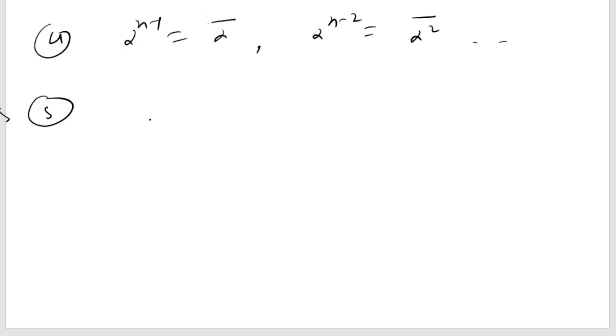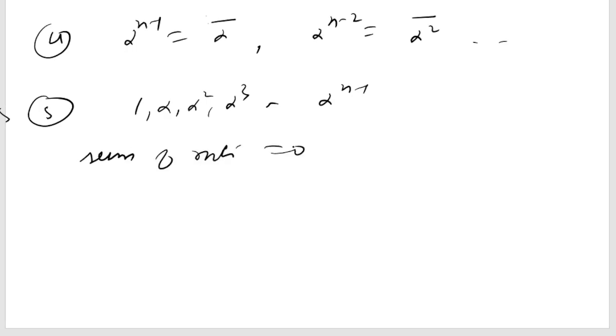The next property we can say is the sum of roots. Okay, the sum of roots will be 0. Let's say the roots are 1, alpha, alpha square, alpha cube, up to alpha to the power n minus 1. The sum of roots will be 0. So this is nothing but 1 plus alpha plus alpha square plus alpha cube up to alpha to the power n minus 1.